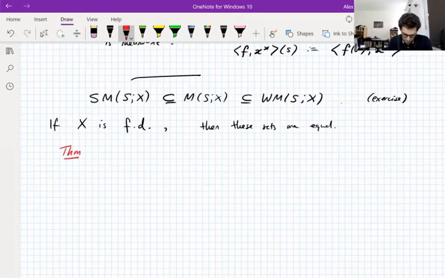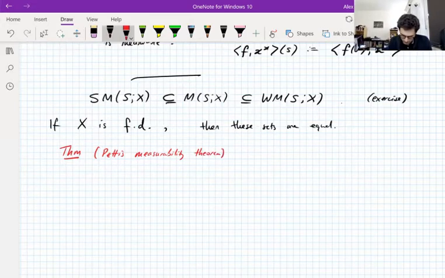So let's prove a theorem called the Pettis measurability theorem. And I have to say, I didn't appreciate how important this theorem was until I prepared the notes for this course, because I was just using it constantly in proving everything. So it's, yeah, surprisingly important.